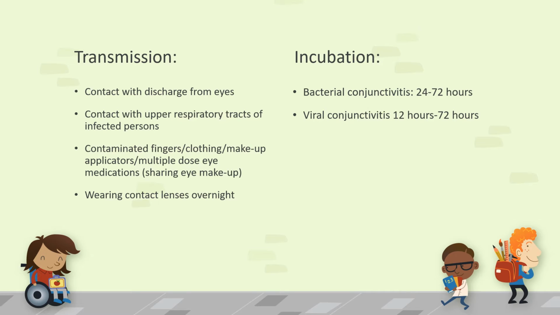It can also be transmitted by wearing contact lenses overnight. The incubation period for bacterial conjunctivitis is 24 to 72 hours. The incubation period for viral conjunctivitis is 12 hours to 3 days.